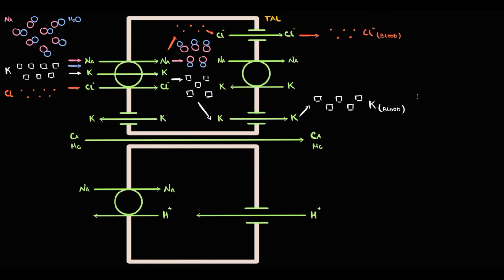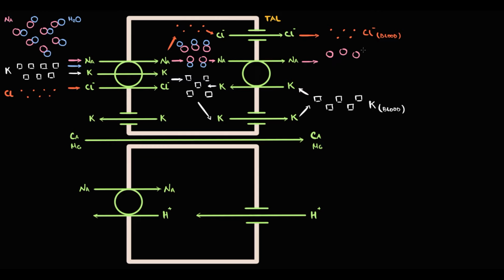But the ascending limb does not have sodium channels, so to provide the income of sodium into the blood, the ascending limb has the sodium-potassium transporter. Basically, this pump takes some amount of potassium molecules from the blood and transports them into the cell, and simultaneously, this pump transports sodium molecules into the blood.